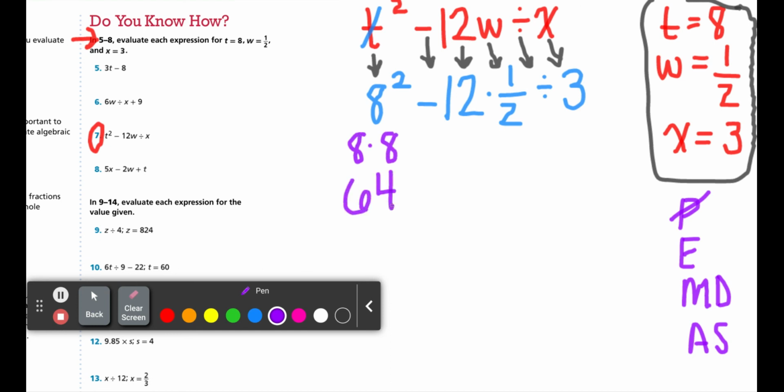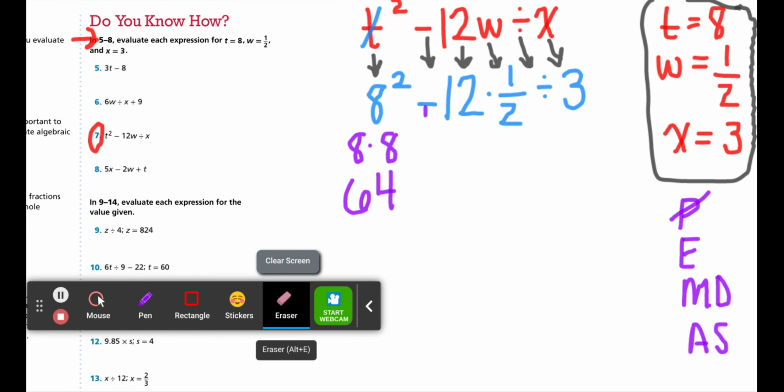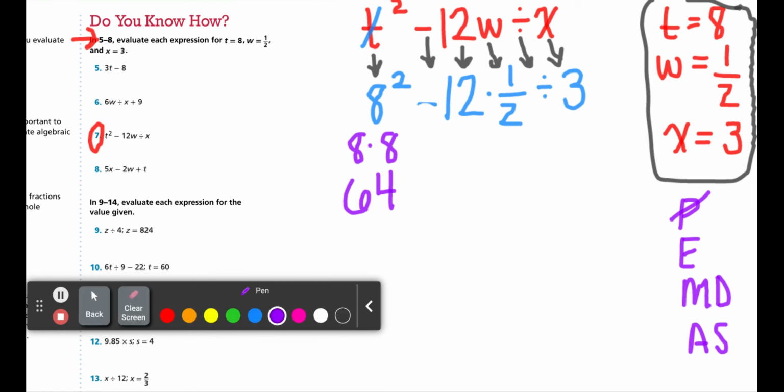I'm going to bring down the rest of the expression. So we have 64 minus 12 times 1/2 divided by 3.